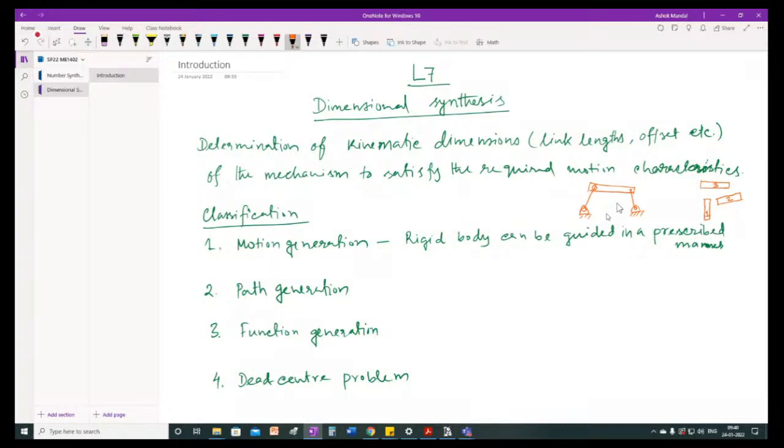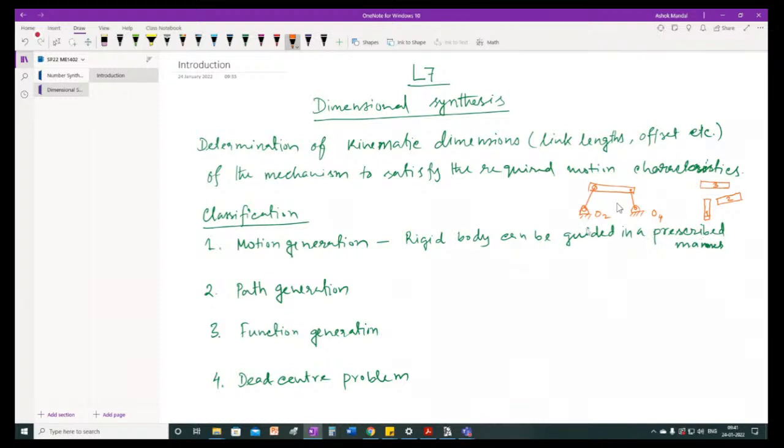Now you have to find out where these hinge points, these support points should be. Let's say this is O2 and O4. Where should these points be? Then this kind of problem is called motion generation problem.